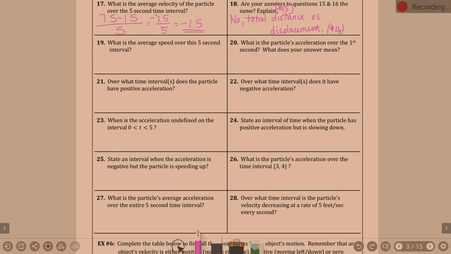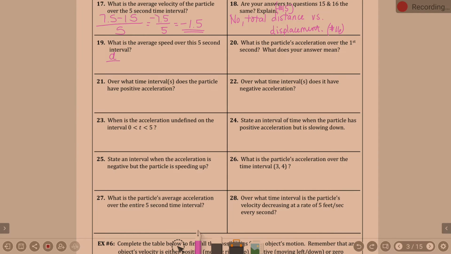Okay. Average speed. What is the average speed over this 5-second interval? 1.5 meters per second. Well, average speed over the 5-second interval is going to be all the places you travel. So if we're talking average speed, you want to think about total distance over time.